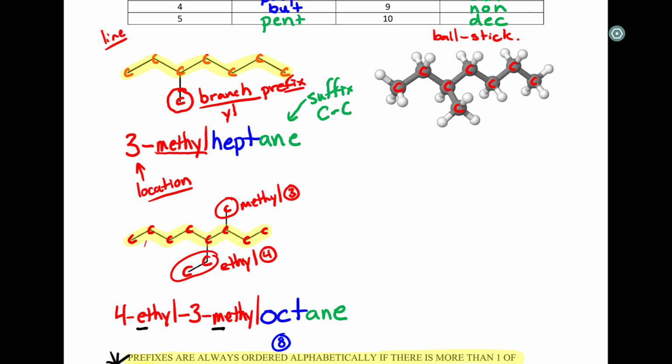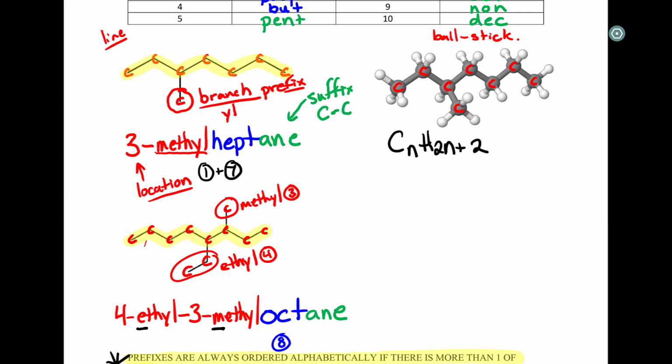And in our previous lesson, we learned that anes have this generic formula, CnH2n plus 2. So what I need to do is first count up the number of carbons and then put that into this equation. So for instance, meth, or methyl, has 1 carbon in it, and hept has 7 carbons in it, so 1 plus 7 is 8.